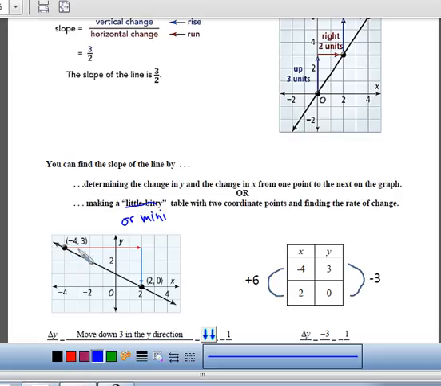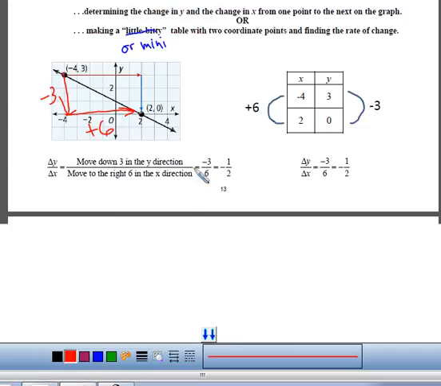So if I'm going to go from this point to this point, I'm not going to go to the right first. I'm actually going to go up and down first, which is down 3, so minus 3. And then over, or run, plus 6, because I'm going to the right. So then you get your negative 3 over positive 6, which is negative 1/2. There's your slope.